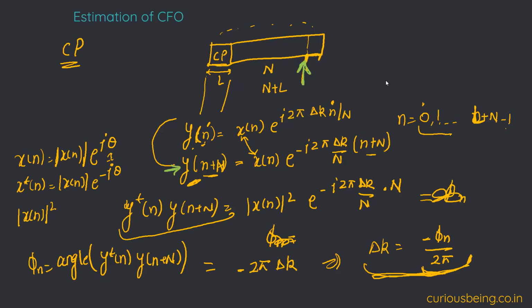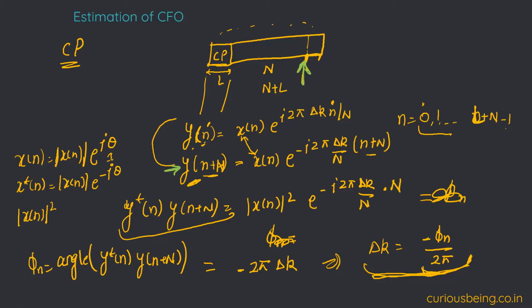We are comparing, or subtracting, their phase, and after subtraction the amount of that phase is proportional to the CFO value, which is delta k here.